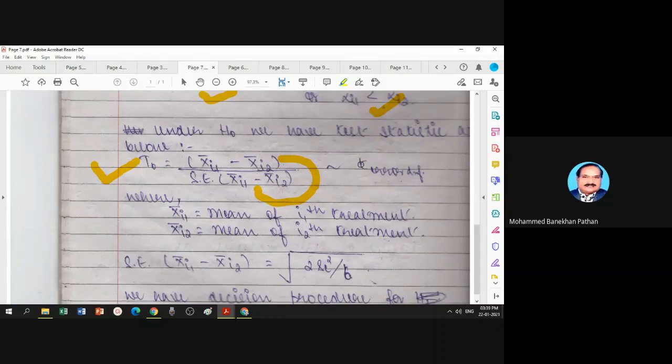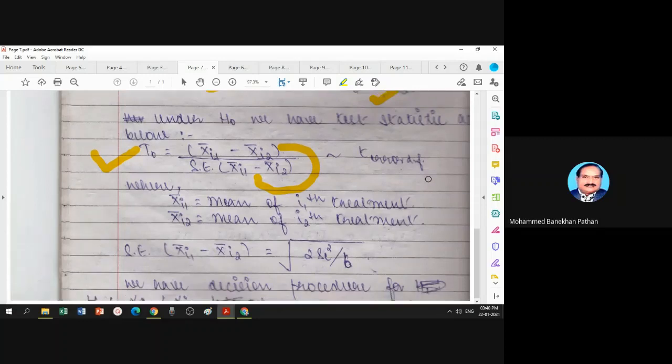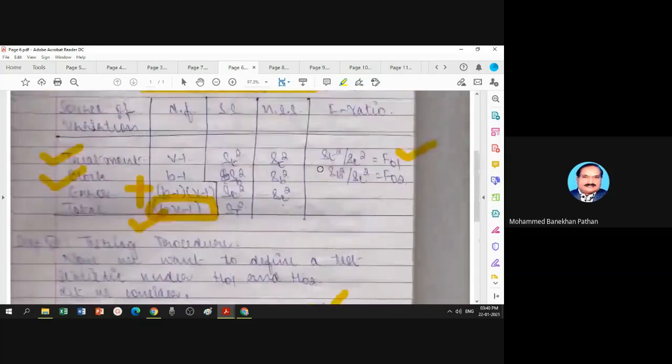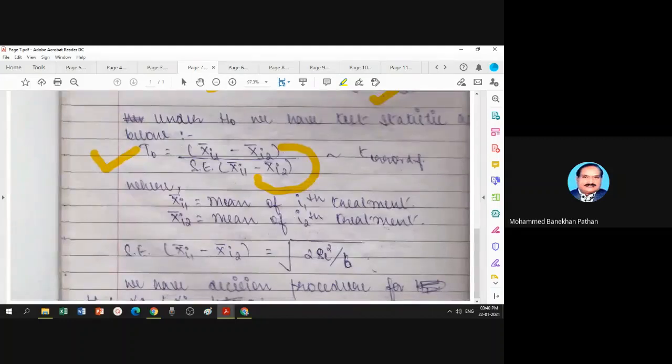This formula follows t with error degrees of freedom. What is the standard error of the difference? Root of 2 times SE square by B. B stands for the number of blocks. Small SE square is the mean sum of squares coming from your table. This is the value of the mean error sum of squares. Take this value in this formula. You get the denominator. We have numerator and denominator. You get a calculated value for T0.